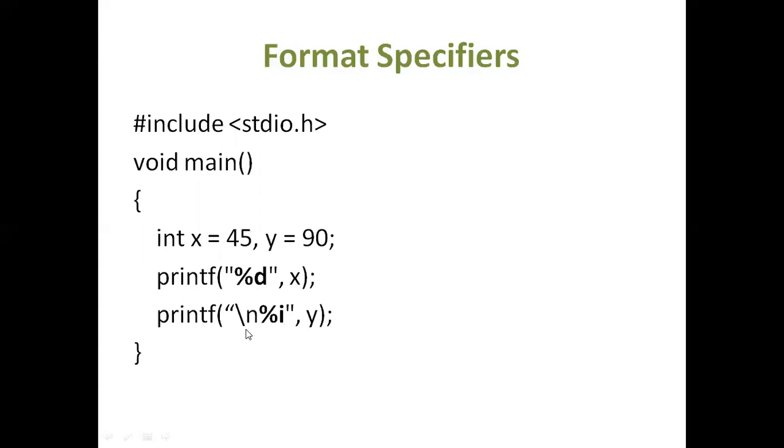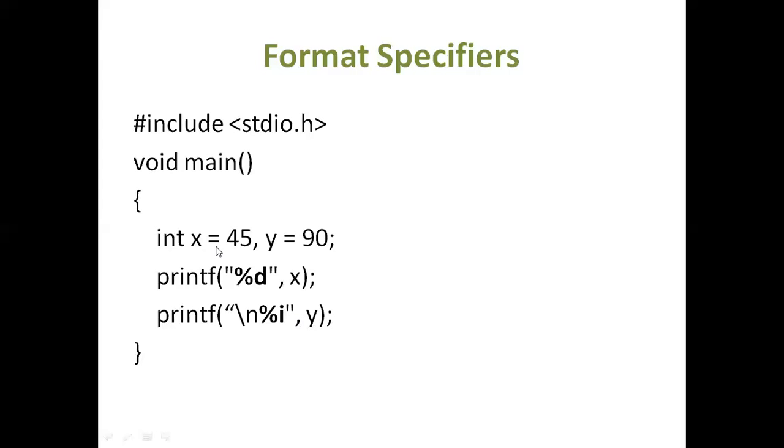And here you can also see the \n. The \n is the escape sequence. It is used for going to the next line, and we will cover the escape sequences in the next lecture. Then after closing the double quotations, you put the comma and then the y, and then close the brackets and put the semicolon.